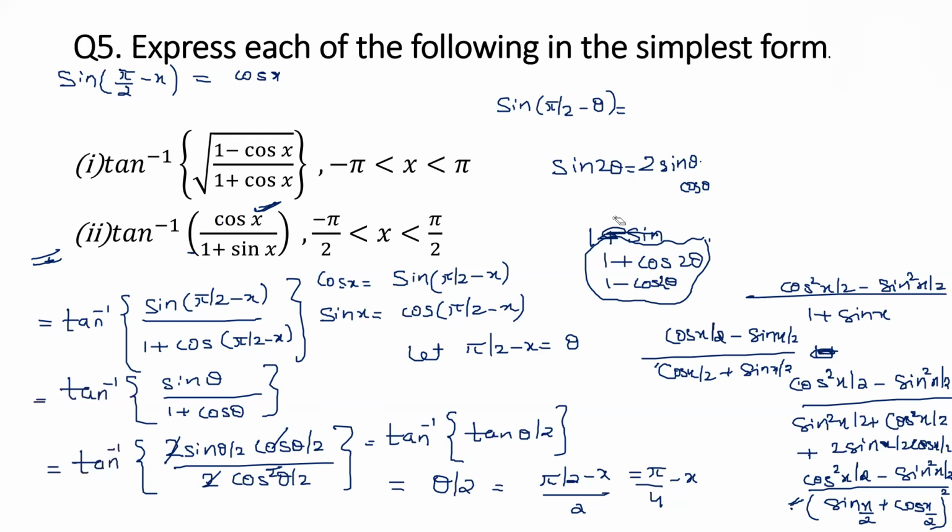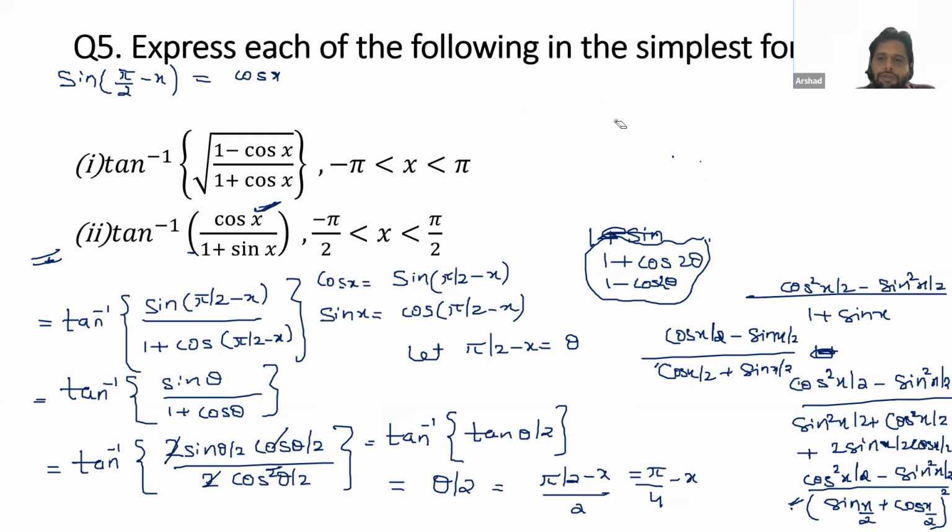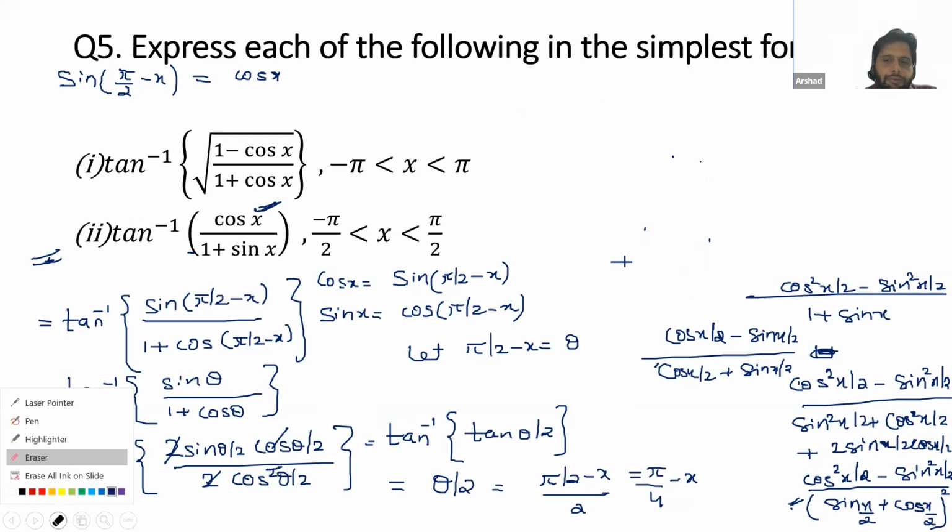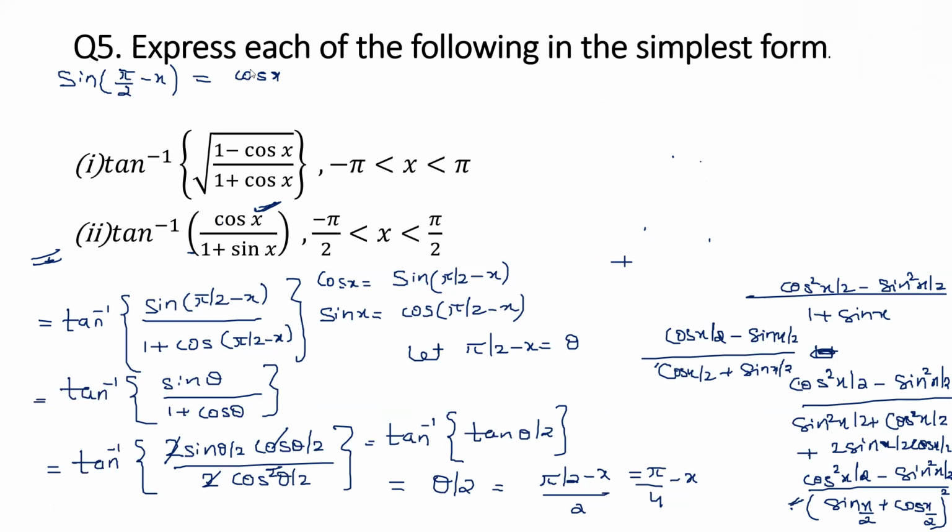Yes, sir. Okay, so please note down this and let me know so that we can start the next question. Okay, Rifat, is it clear? Very good. So all of you, please note down this. Let me know once it is done, then we will do the third question.